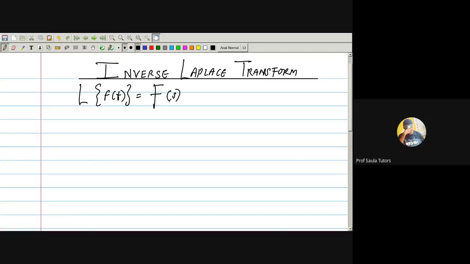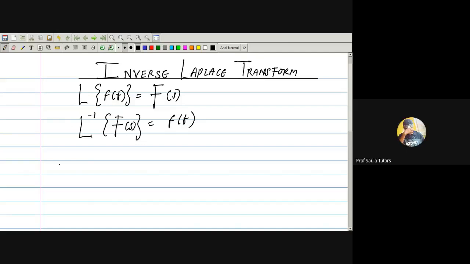Now, it means that if I find the inverse Laplace transform of this function of s, surely I'll be having f of t. Do you believe that? Exactly. This is what we call inverse Laplace transform.